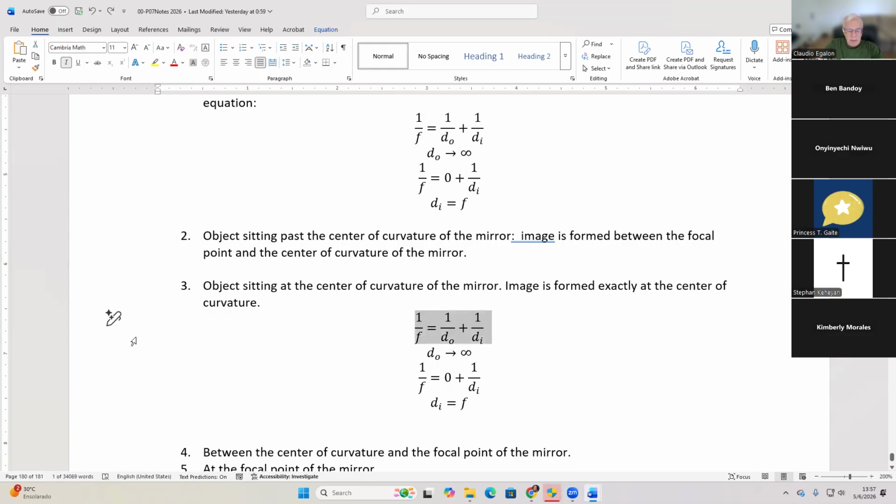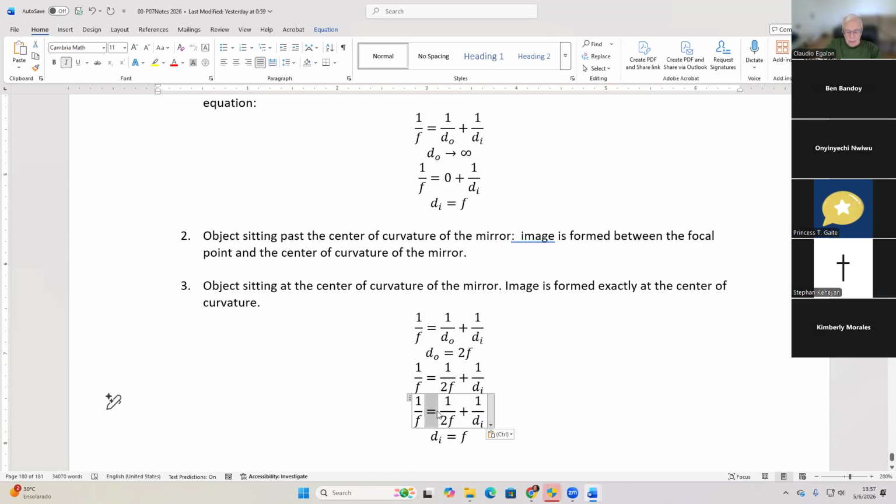I'm just going to repeat that. d naught equal to 2 times the focal point. This equation becomes 2 times the focal point. We pass this term to the left and it becomes something like that.